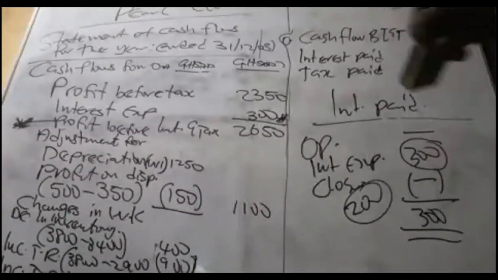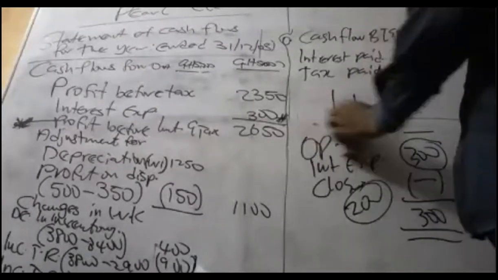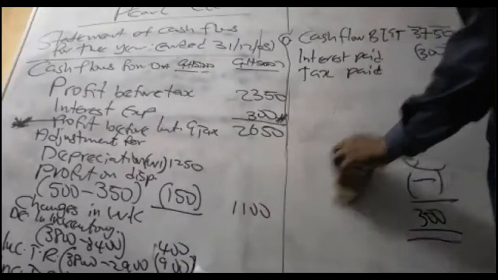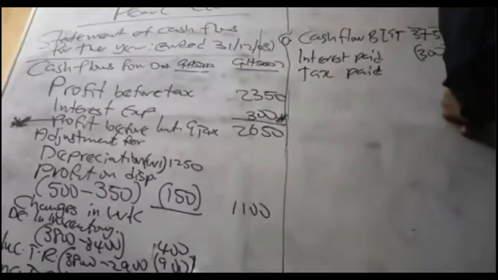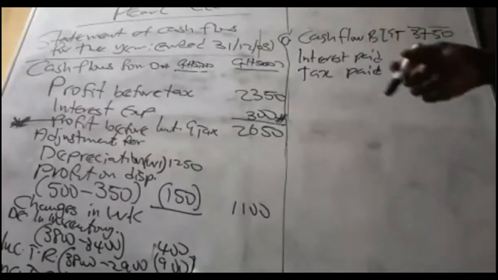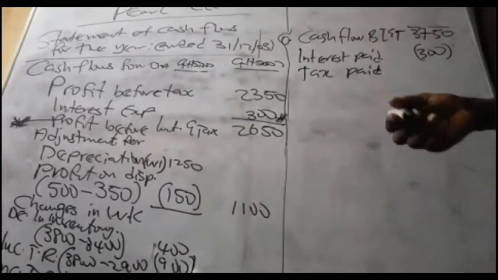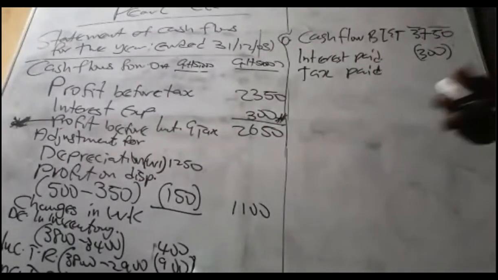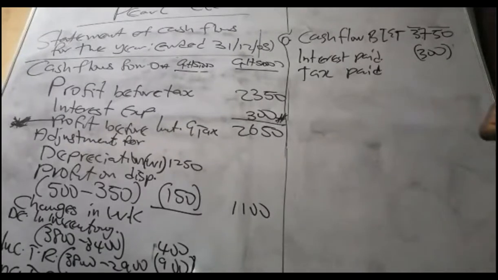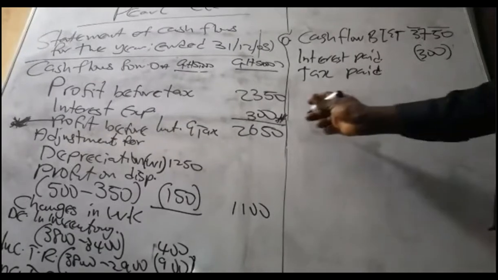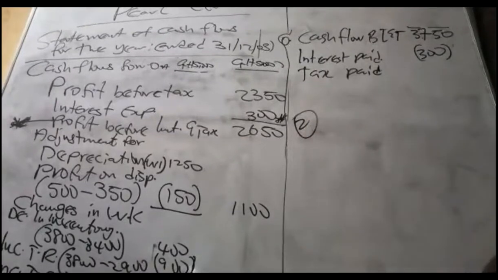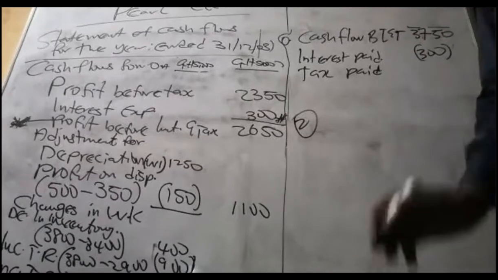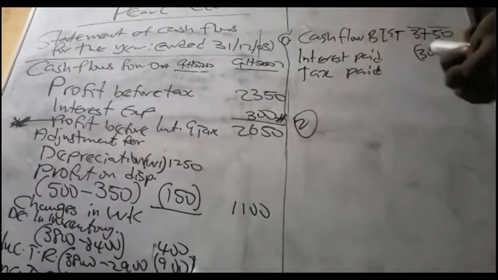Let's go and calculate the tax paid. In Adom Limited, I'll put the interest paid at financing. Great. Now let's move on. Tax paid, so that will be workings number 2. With the interest, because there's no opening and closing balances, it is the same as the interest expense.